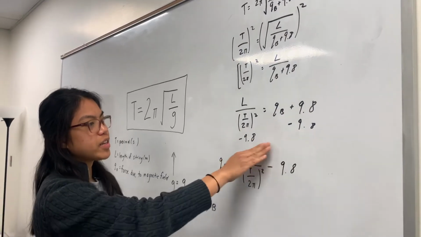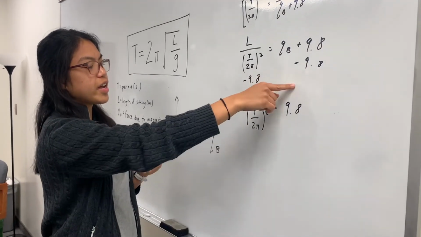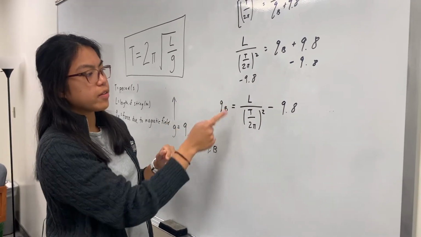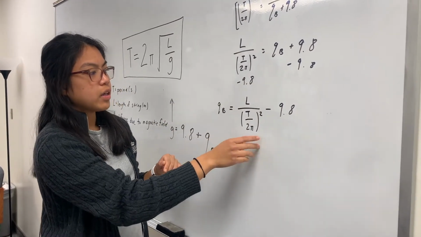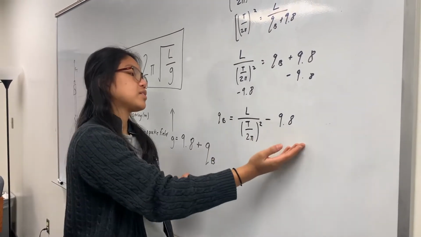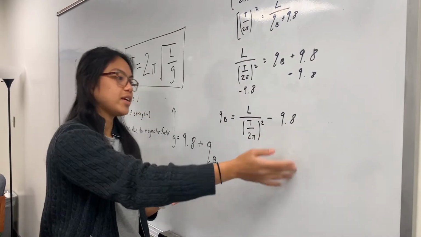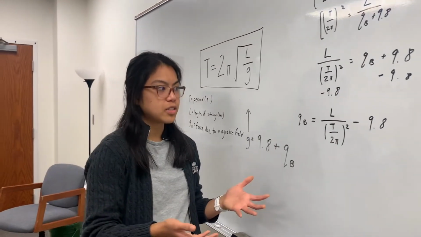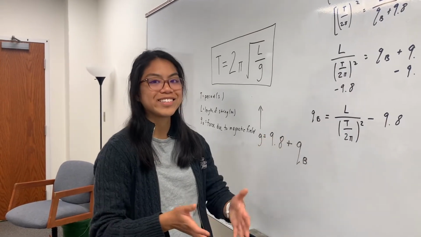And then we subtracted the force due to gravity on each side, so that Q sub B is equal to the length of the string divided by (the period over 2 pi) squared, minus the force due to gravity of 9.8. Then we can plug this into our calculations to analyze our data.